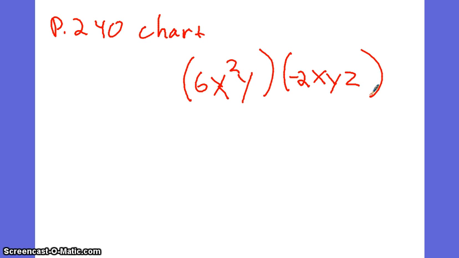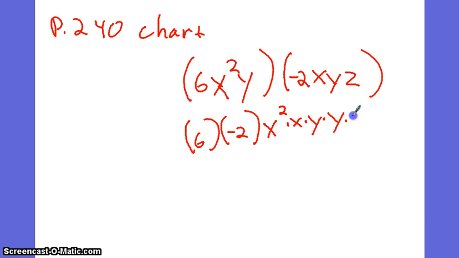I can move all my things around. I can write my problem like this: 6 times negative 2, because I can use the commutative and associative property of multiplication to get that. And then I get x squared times x times y times z. All I did was rearrange everything. Everything's still there. Well, 6 times negative 2 is negative 12.